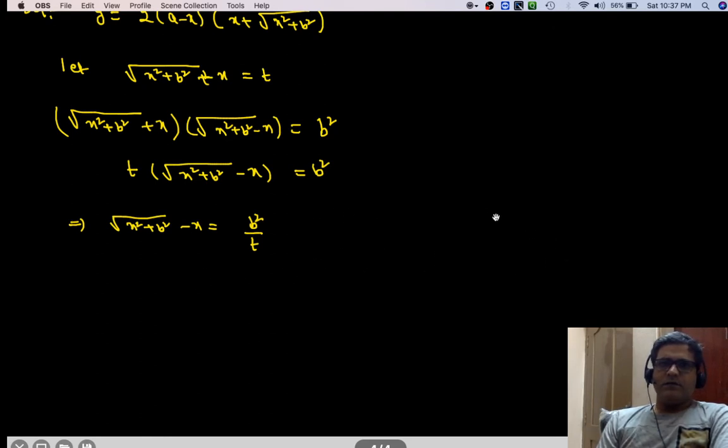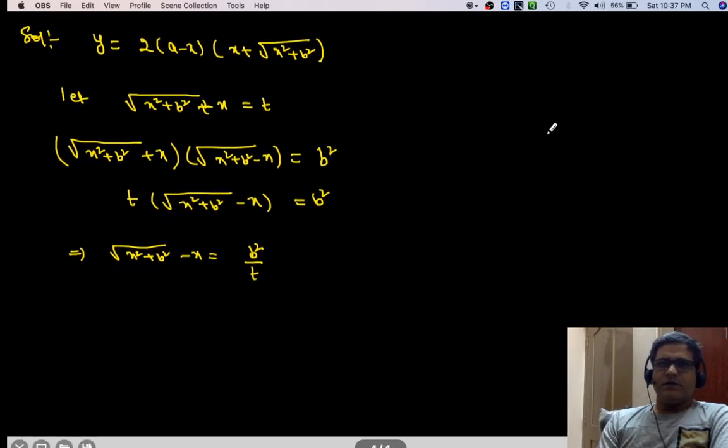Now see this one: we consider this as 1, let this be 2. Now subtract 2 from 1, that is 1 minus 2.